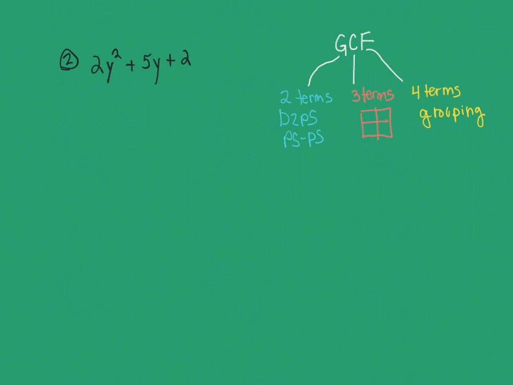I then look at the number of terms, 1, 2, 3, and now I have 3 terms. And so I know I'm going to draw my box and use that to help me think through the problem. Here's my box.